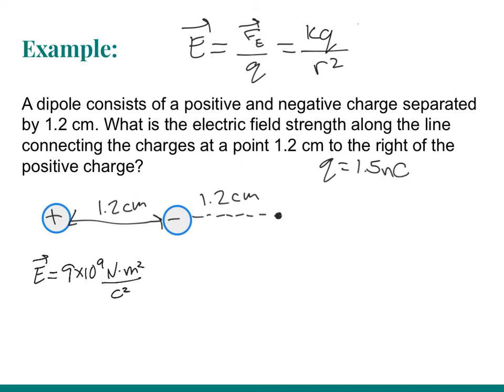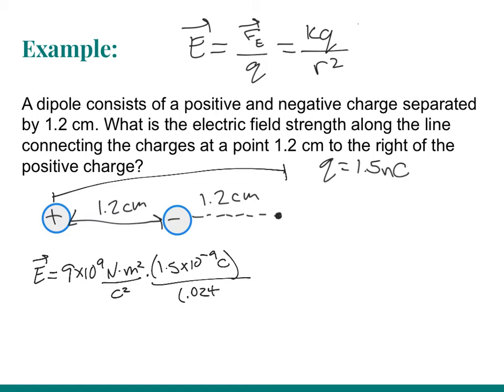So it's that times Q, which is 1.5 times 10 to the negative 9th coulombs, nano being negative 9, divided by r squared. And r from the positive to the test charge there is 2.4 centimeters. Convert that to meters, you have 0.024 meters, and that's a quantity squared.